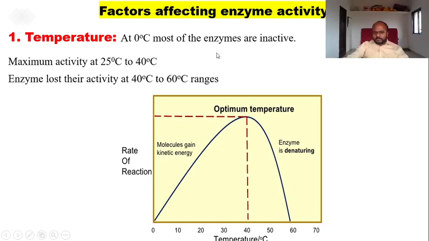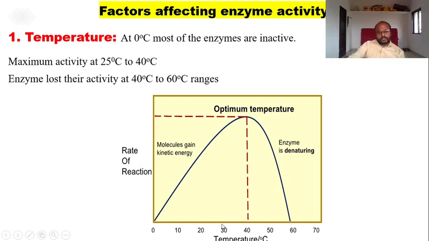If the temperature is lowered to 0 degrees Celsius, most enzymes are inactive, and the enzyme may also lose its activity when the temperature is increased, that is, when the temperature is 40 to 60 degrees Celsius, the enzyme becomes denatured and cannot catalyze the reaction.